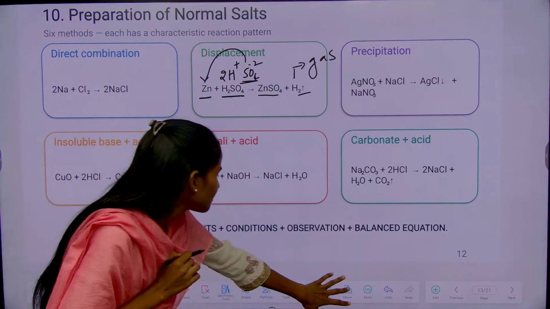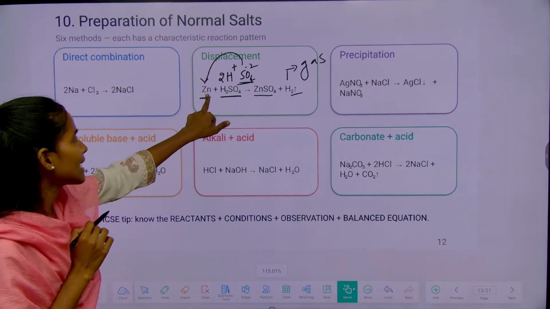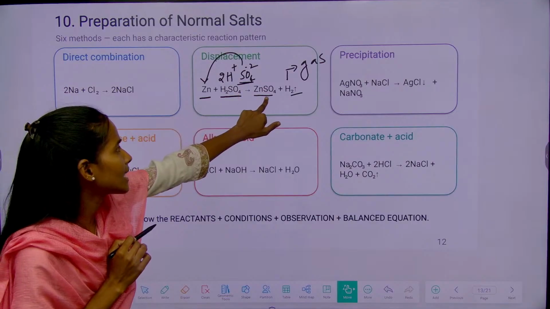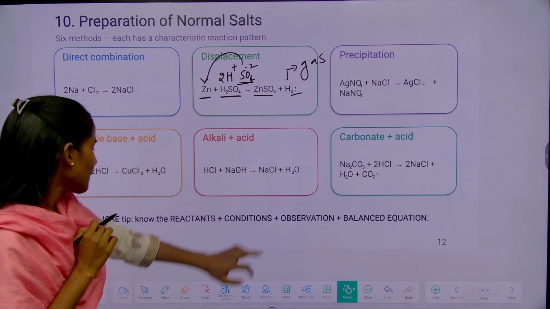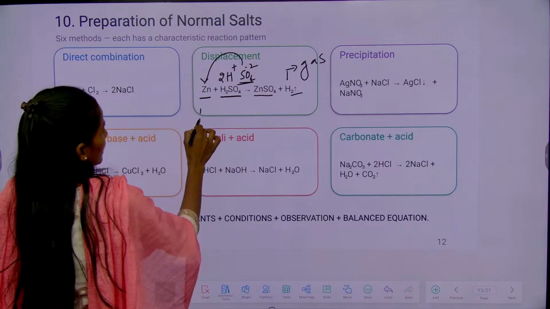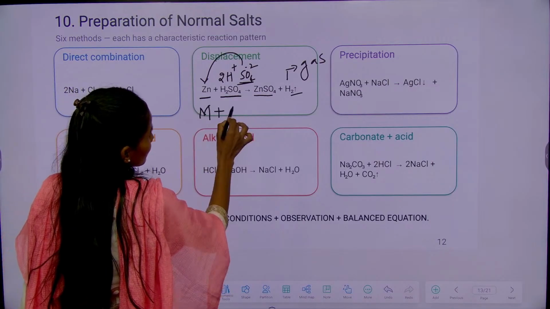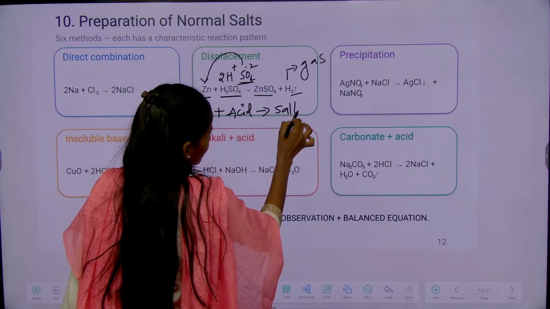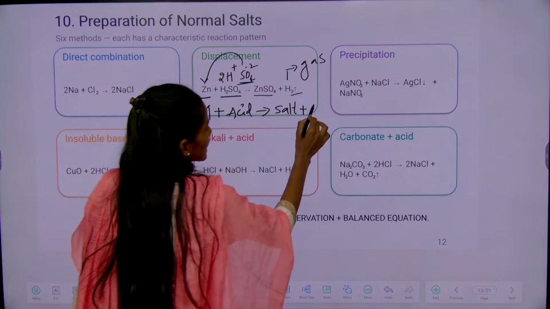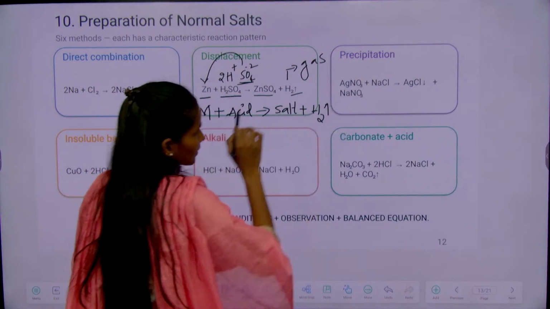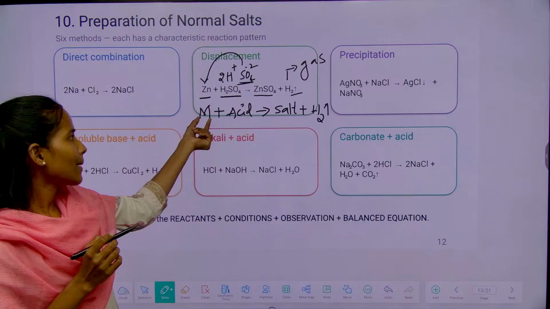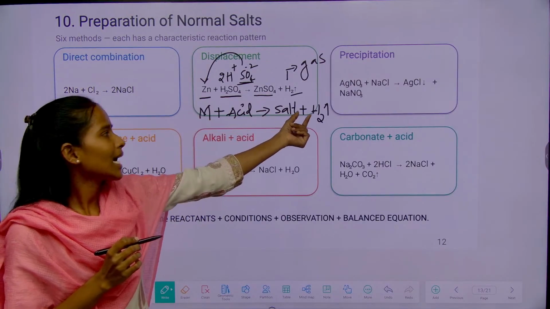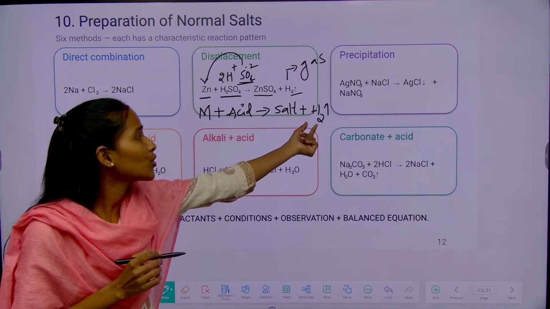Zinc, a metal, reacts with the acid, sulfuric acid, and we get zinc sulfate and hydrogen gas. Keep it in mind, any metal when reacting with an acid forms a salt, and along with the salt it releases hydrogen gas. Very important reaction. When a metal reacts with an acid, it results in the formation of salt and also releases hydrogen gas.